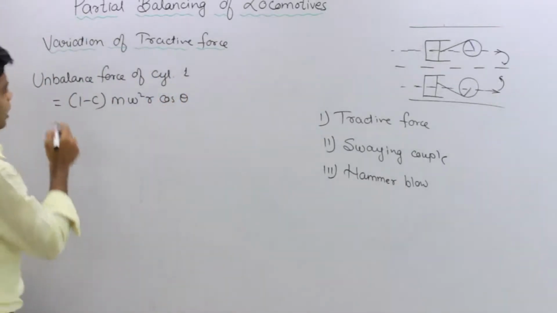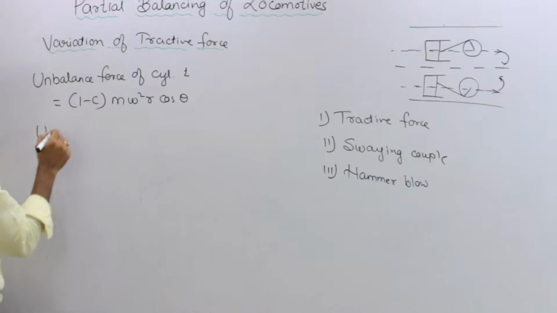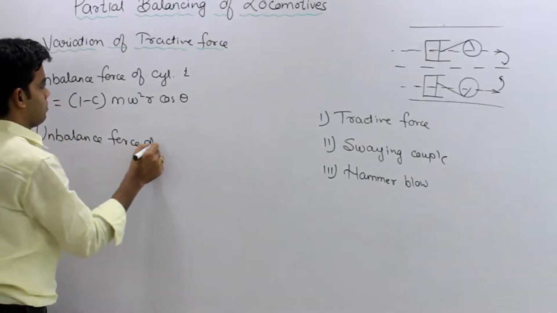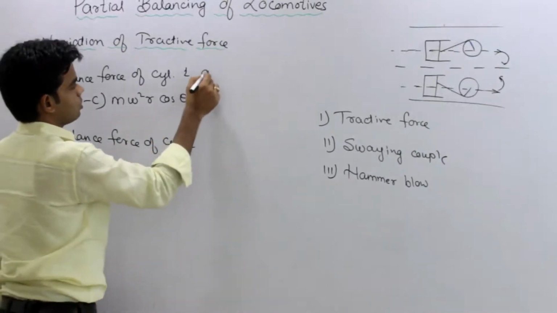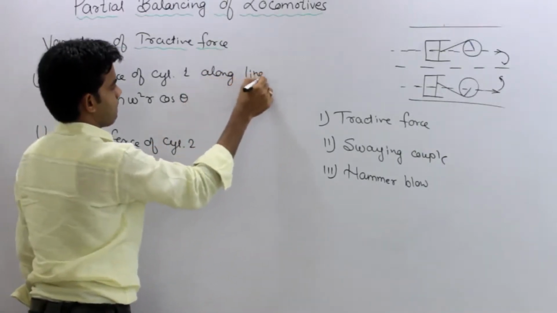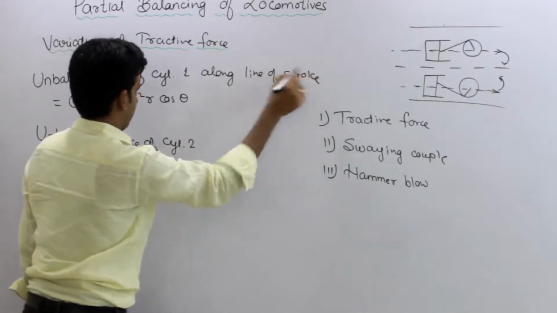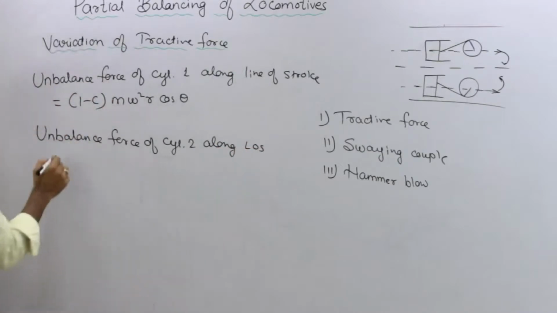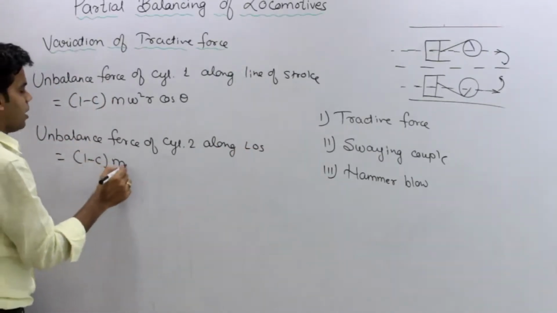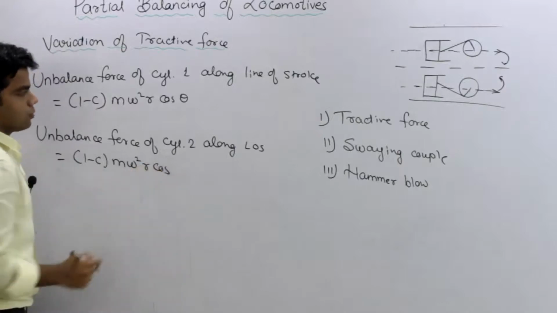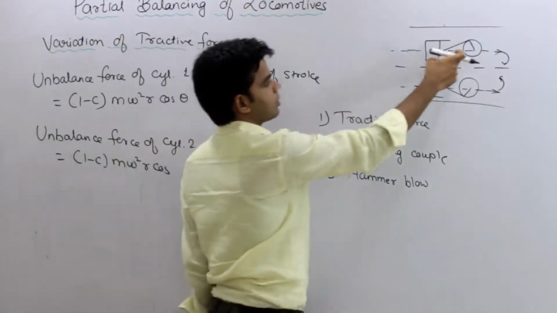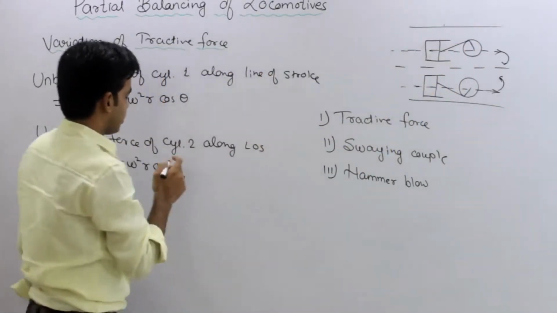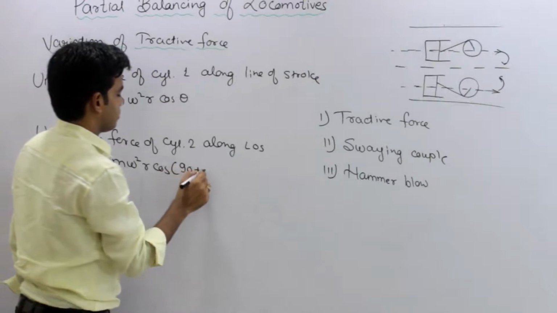Similarly, the unbalanced force of cylinder 2 along the line of stroke will be equal to (1 minus c) m omega square r into cos of. Now what will be the angle? As I told you, the difference of angle between the two cranks is 90 degrees. So if this angle is theta, then this will be cos of (90 plus theta).